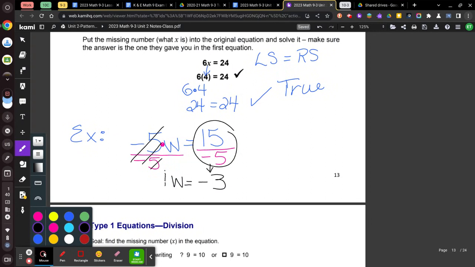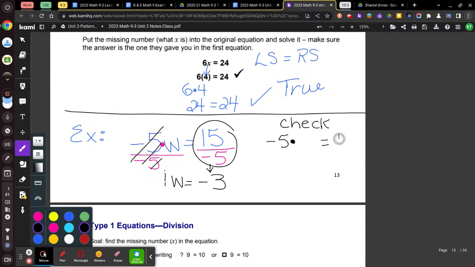So let's check our work. If I do my check on it, I'm going to get negative 5 timesing by the w number. I want to see if it equals 15. My w number that I got was a negative 3. So I put my w number in where it goes. Now I do the math.